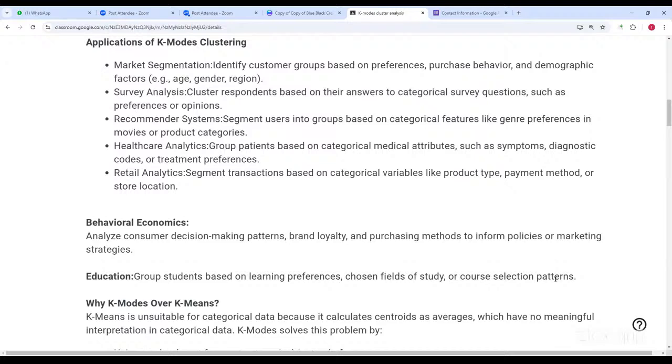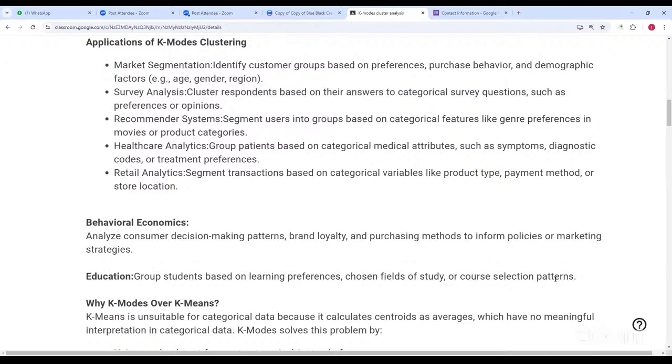Healthcare analytics group patients based on categorical medical attributes such as symptoms, diagnostic codes, or treatment preferences. Retail analytics segment transactions based on categorical variables like product type, payment method, or store location.